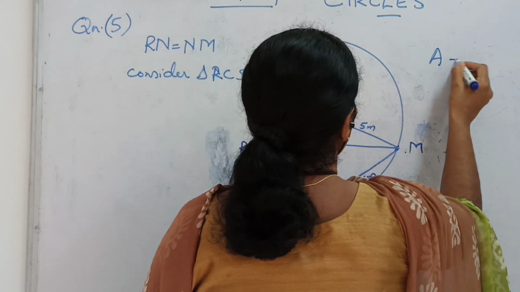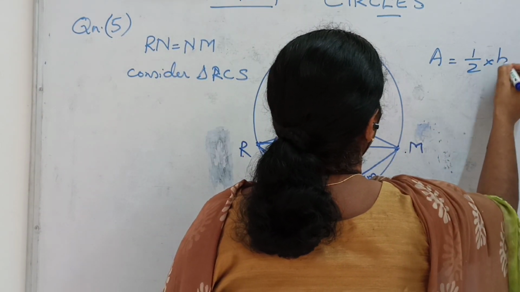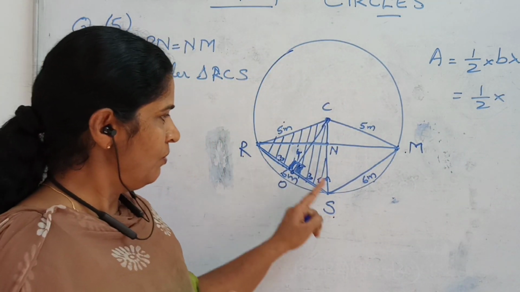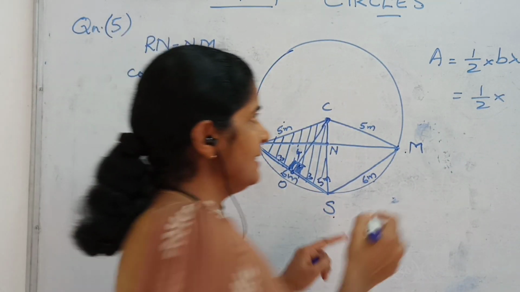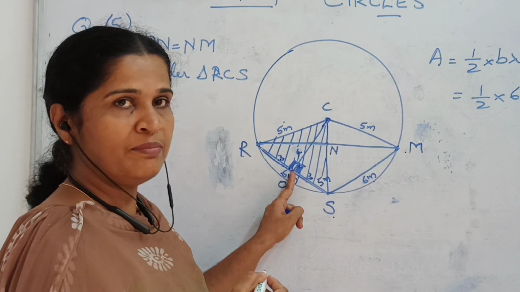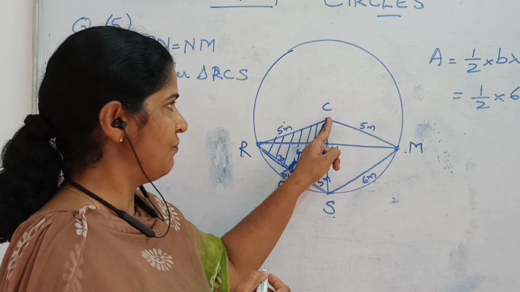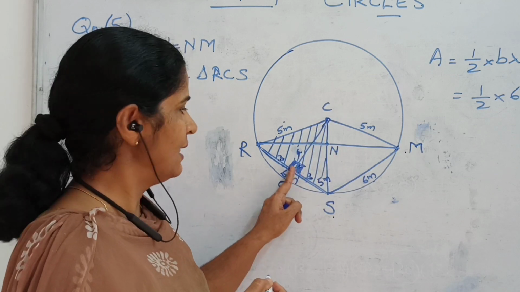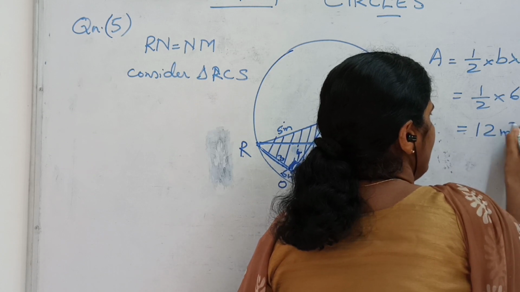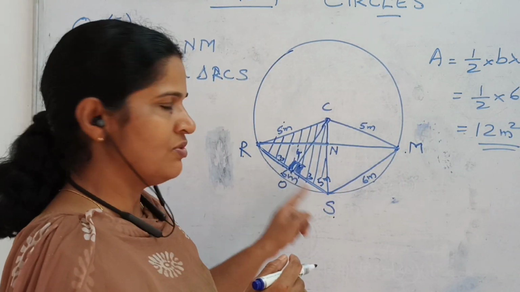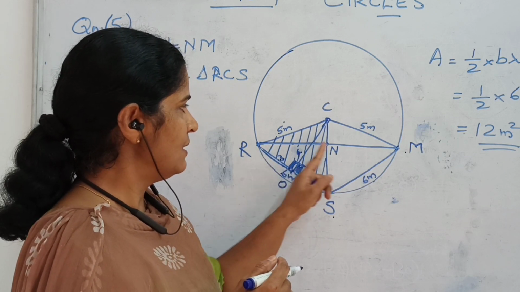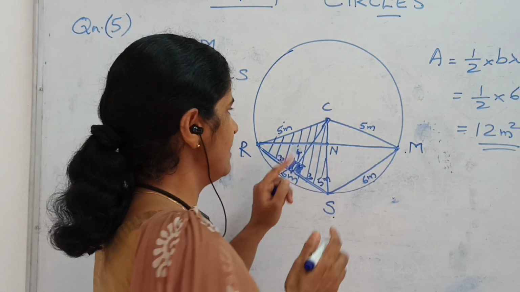Area of the triangle is equal to half into B into H. Half into the full base length, which you have to take as 6, and the height to that base, the perpendicular length from the opposite vertex, is 4. So this is 12 meters square, the area of this triangle. Now let us see how RN is the height.